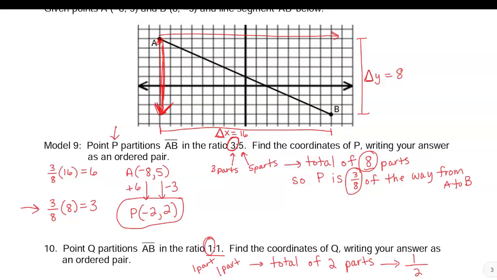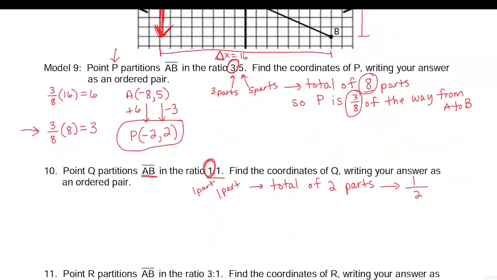It's always going to be the first number because it's a directed line segment. We're always going from A to B in these math problems. So I'm going to take half of the change in x, which we already found is 16, because we're using the same picture. That's obviously 8. And then 1/2 of the change in y, so half of 8 is 4.